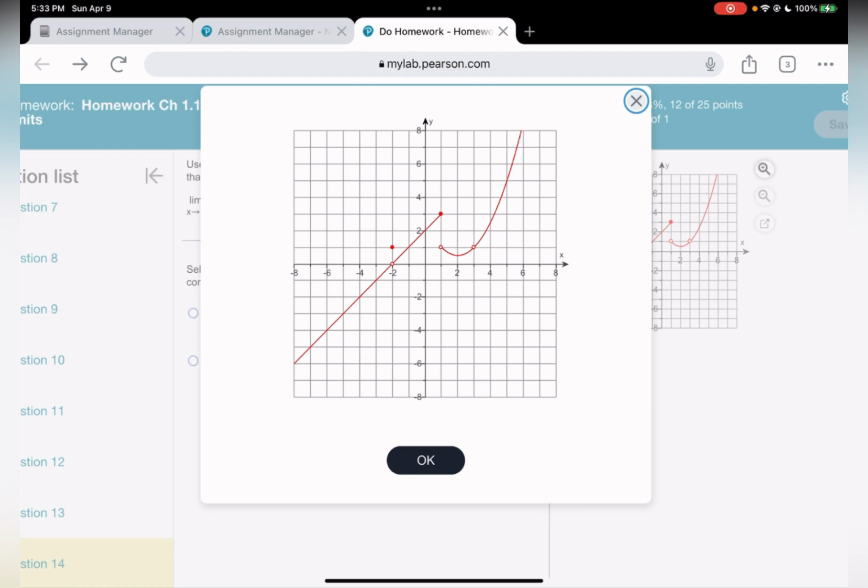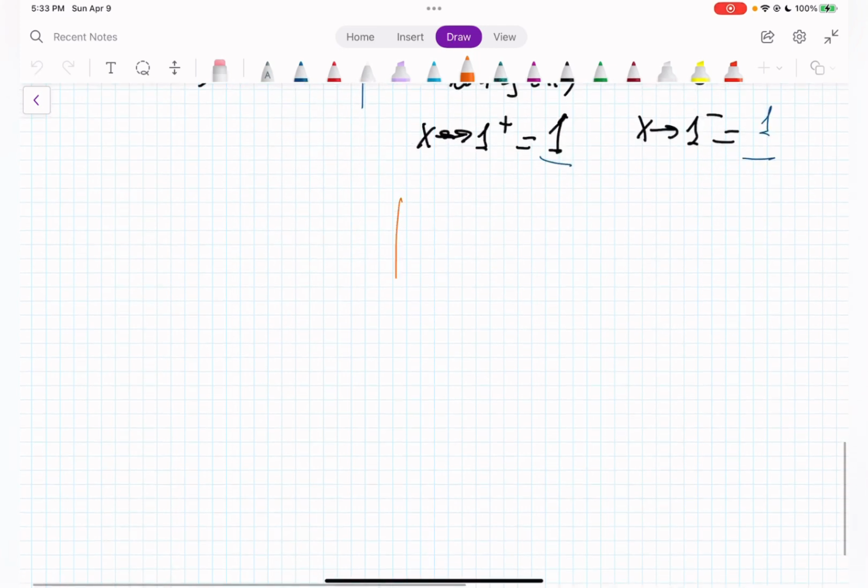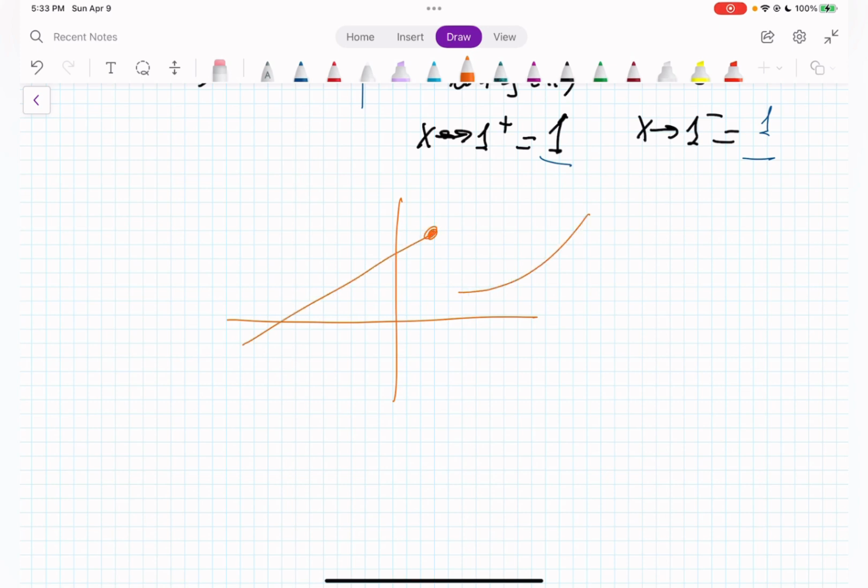Hold on, let me do it. 1 and then 3. So I'm going to draw again. And this is the point we are interested in. And that was how much?